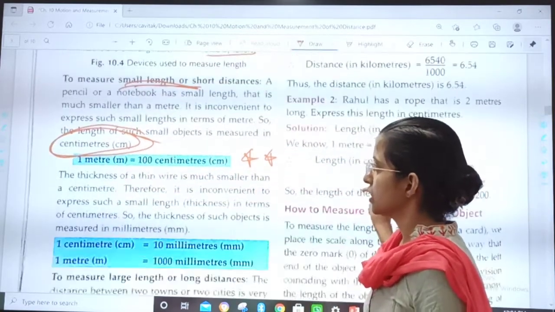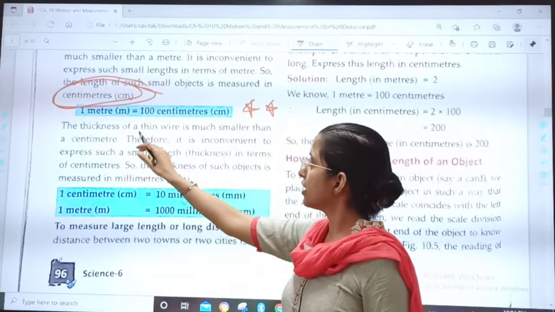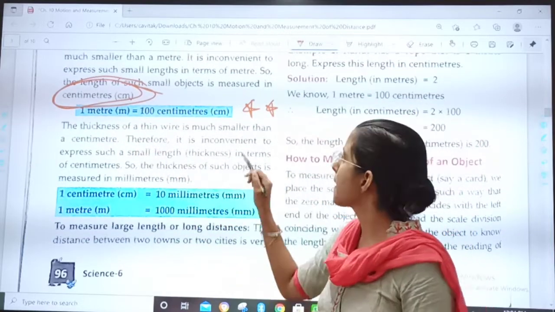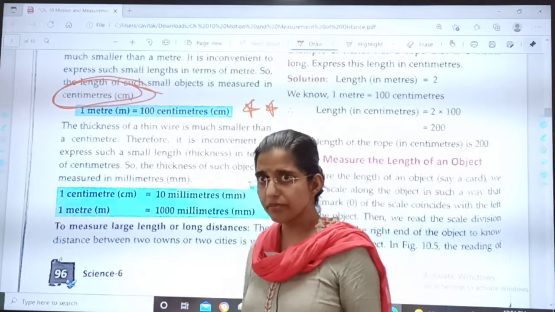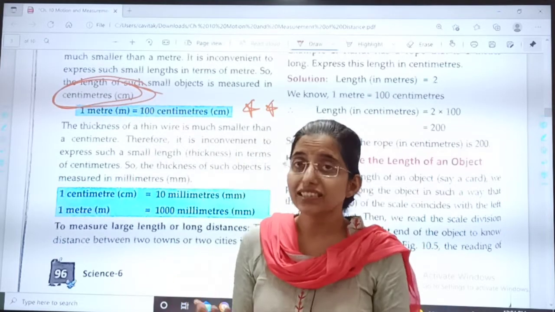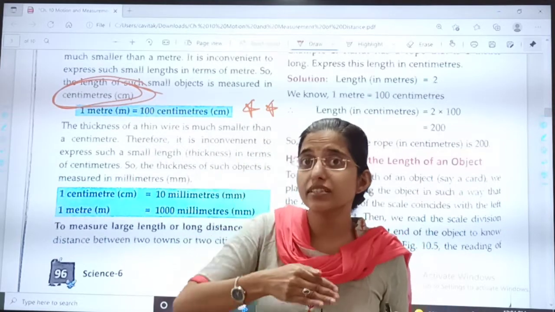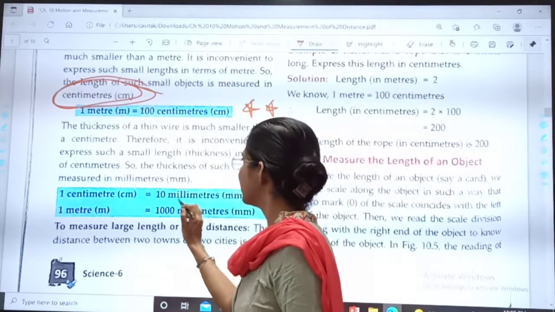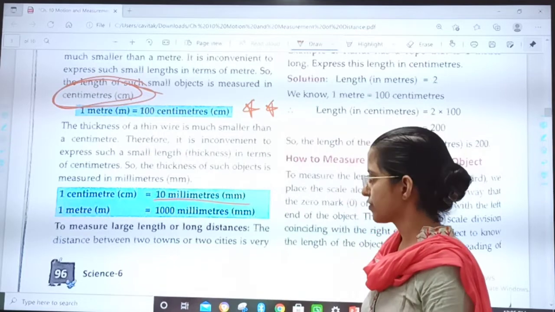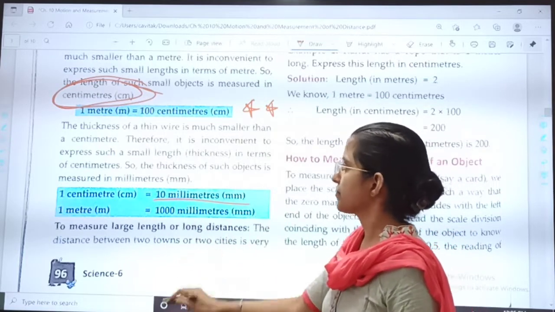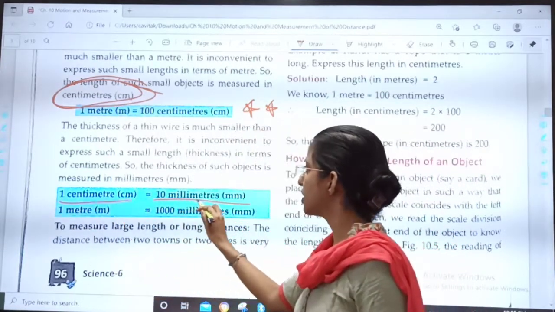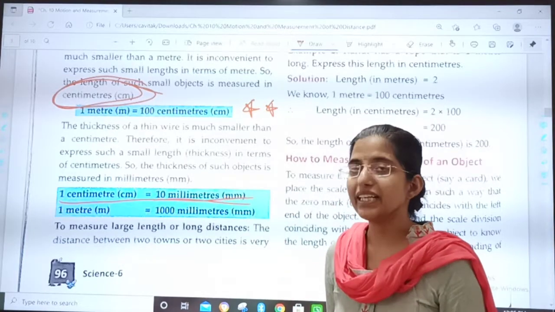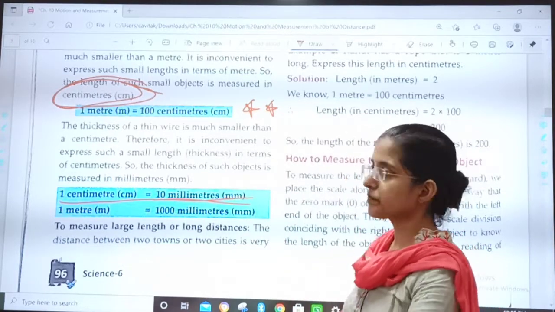Now, the thickness of a thin wire is much smaller than a centimeter, है ना? तो हम एक ऐसा यूनिट यूज करेंगे जो सेंटीमीटर से भी छोटा हो, and that unit is mm, that is मिलीमीटर. ओके, मिलीमीटर. And 1 centimeter is equal to 10 millimeter. ठीक है.